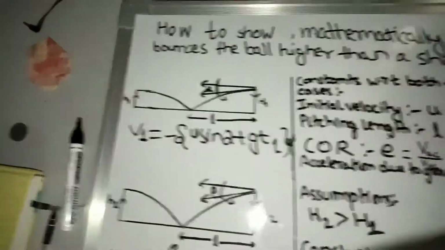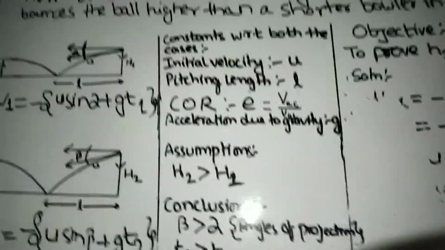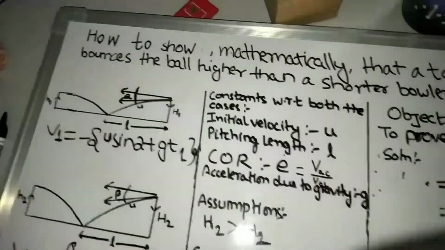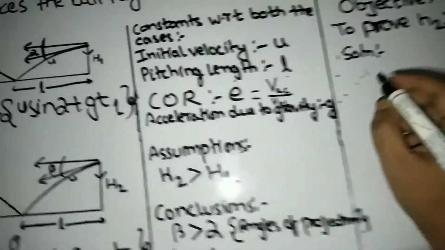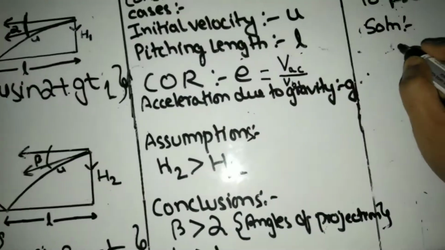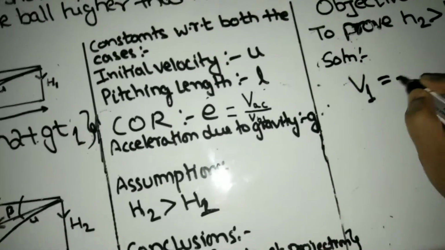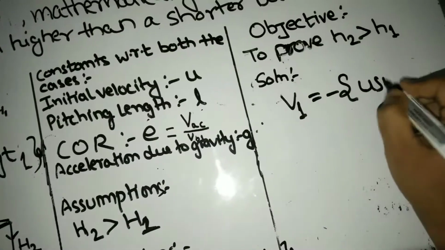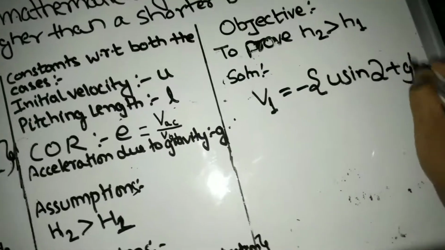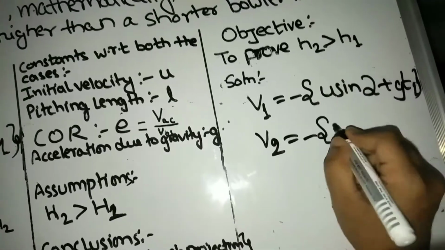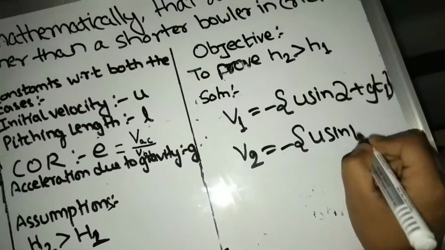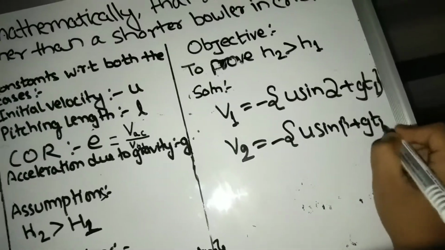Let's see. We'll rub this off as we don't need it. So we have V1 equals minus u sin alpha plus g t1, and V2 equals minus u sin beta plus g t2.